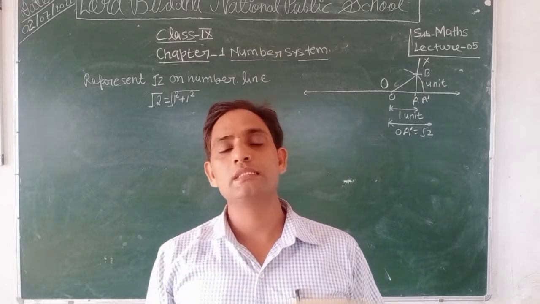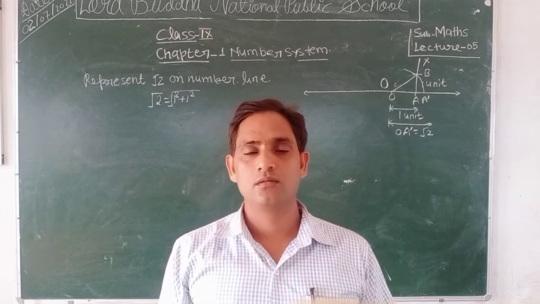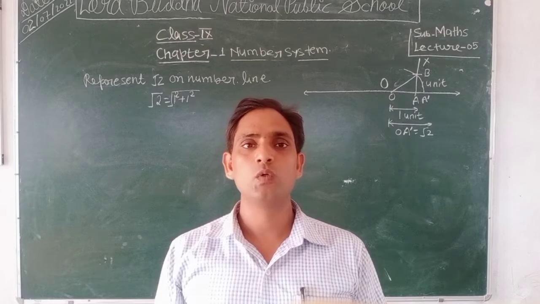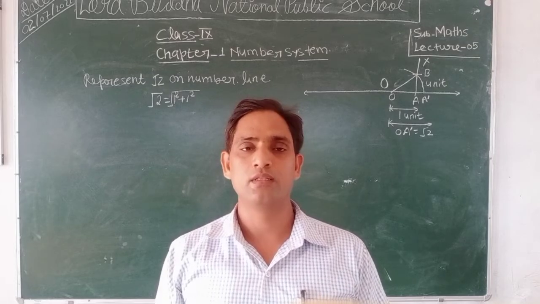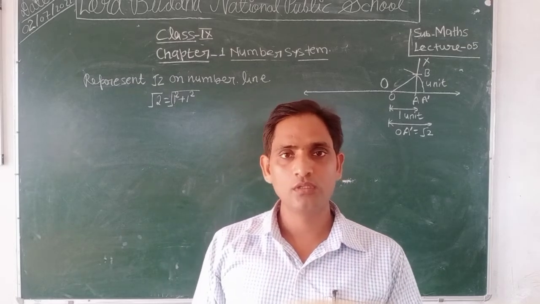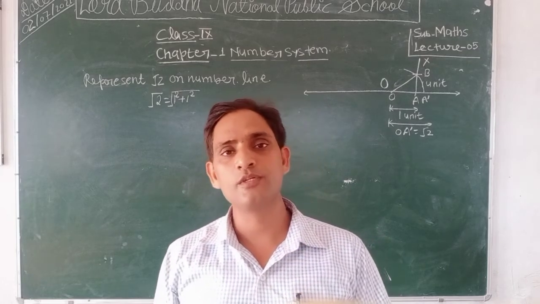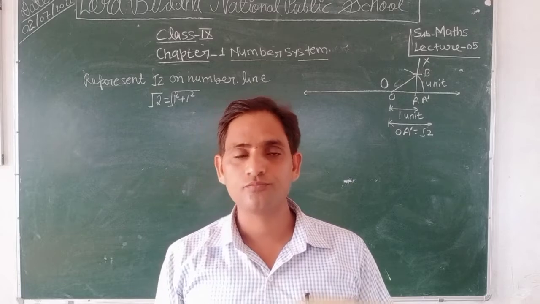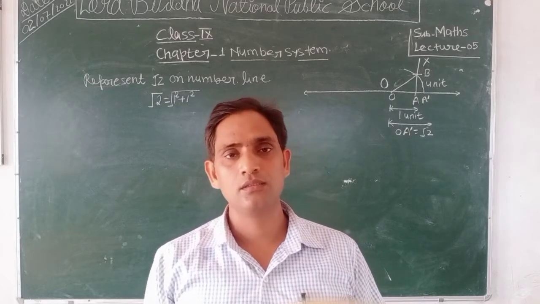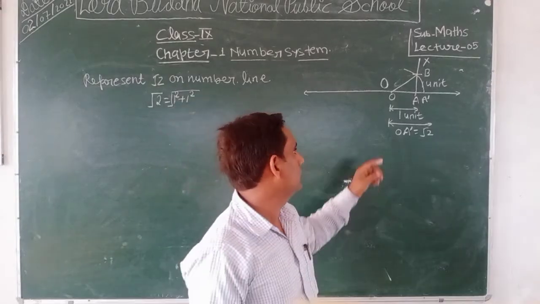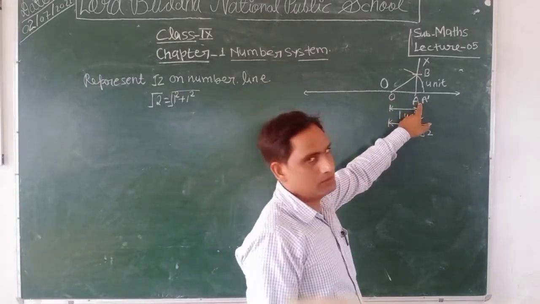Root 2 is written as the square root of 1 square plus 1 square. Now we take 1 unit length on the number line, OA.